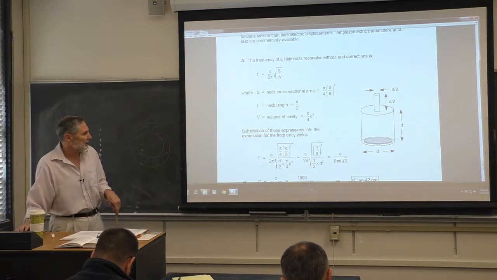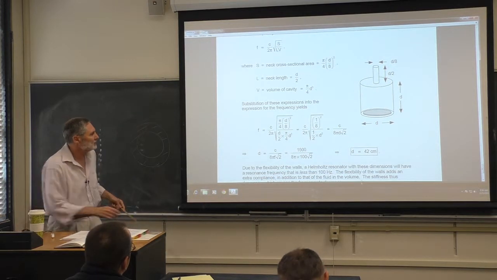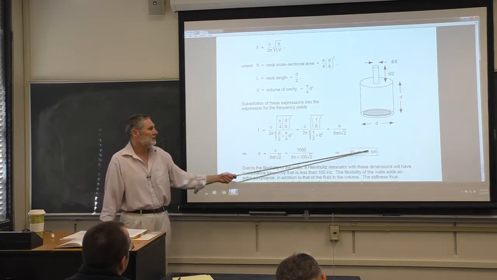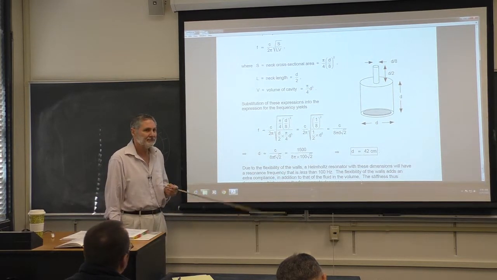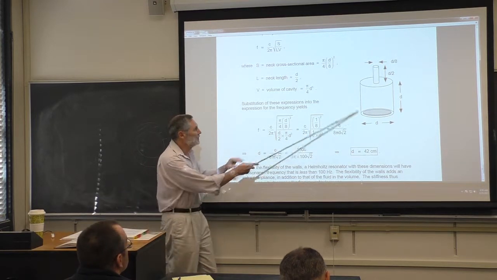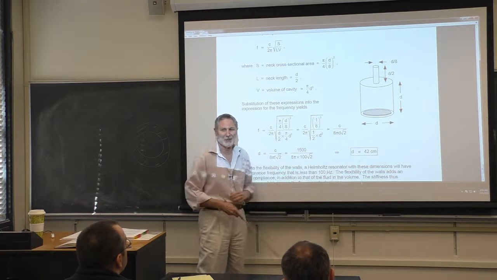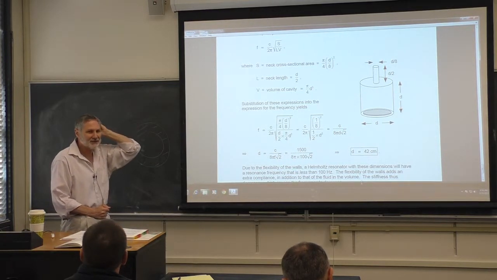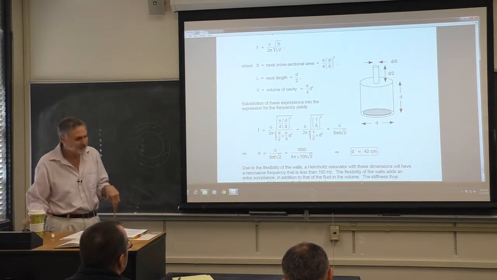So we invert that. We specify the 100 hertz and the 1500 meters per second, and we solve for D, and it's not unreasonable. I think the first time I did this, it was unreasonable, and then I changed some of these. I can't remember. But this is not crazy. Roughly half a meter. That's not crazy at all.